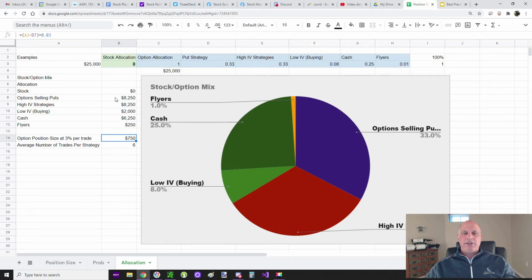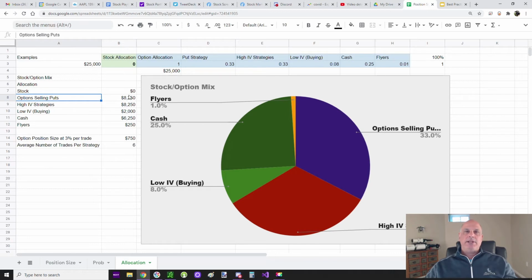Also, if the implied volatility, not the IV rank, but the implied volatility for that particular option expiration is greater than 60%, then you have a fairly good chance of using the best practices in option trading.